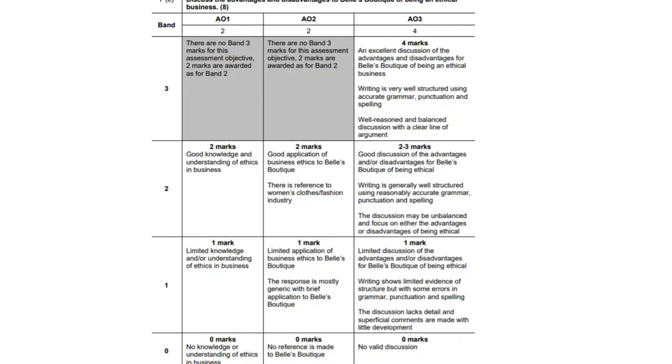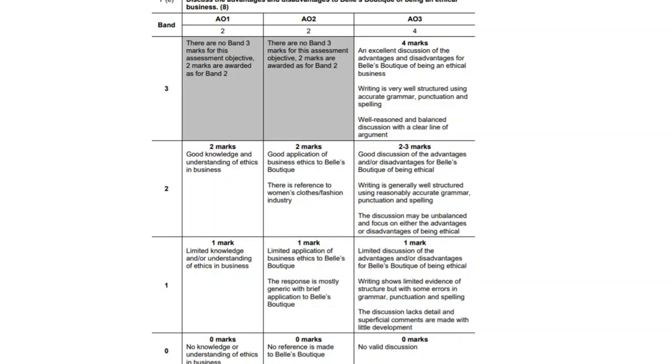So good application of business ethics to Bella's Boutiques, so referencing women's clothing and the fashion industry. That's the key there. Good discussion of advantages or disadvantages for Bella Boutiques of being ethical. Writing is generally well structured, with reasonably accurate grammar, punctuation and spelling.